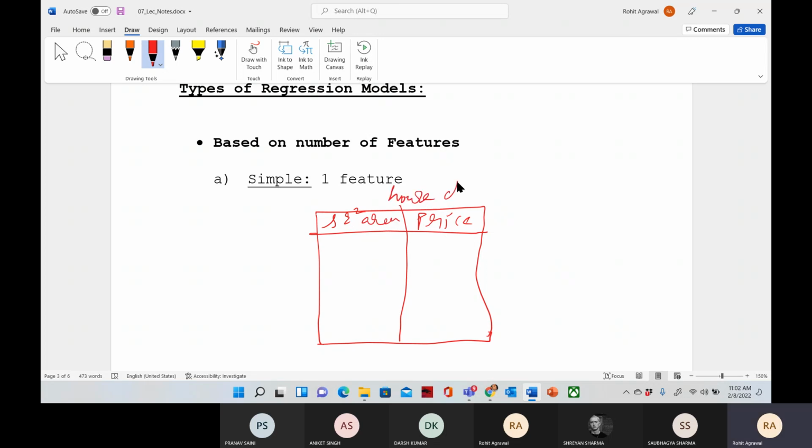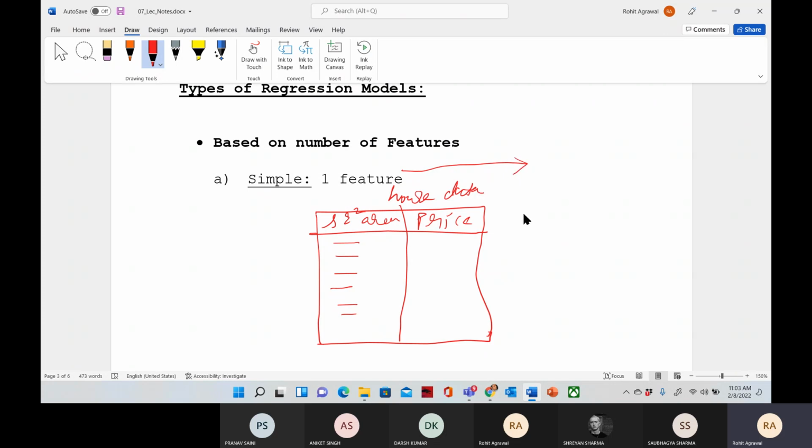Do you remember this type of question? Just tell me how many features are there. Yes, carpet area. So we are having only one feature.